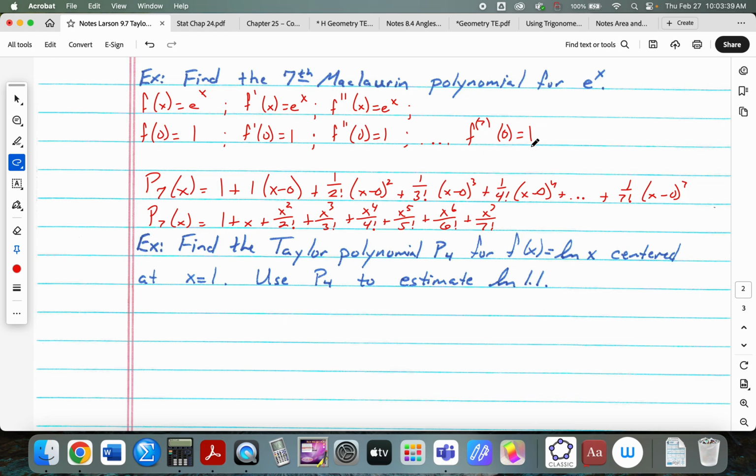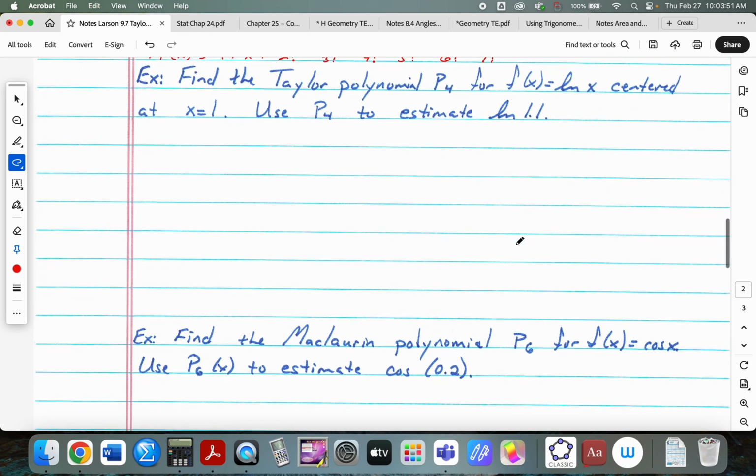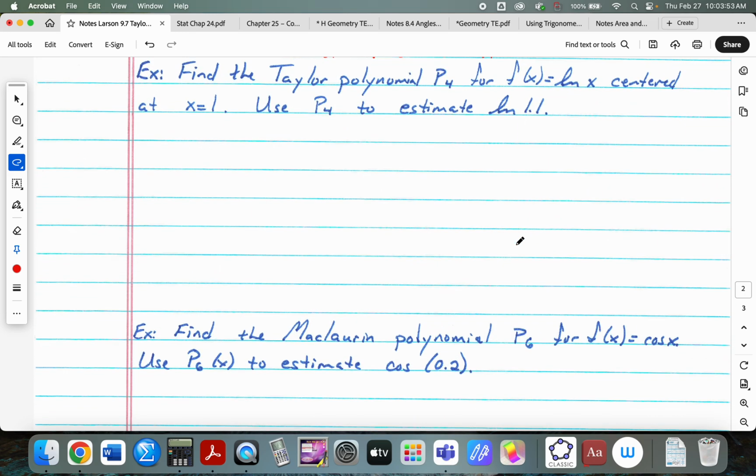I think on another day we will actually look at what this polynomial looks like, and how good is it? I don't think we do that today. If we did, I'm not really prepared. Let's go on to the next example.